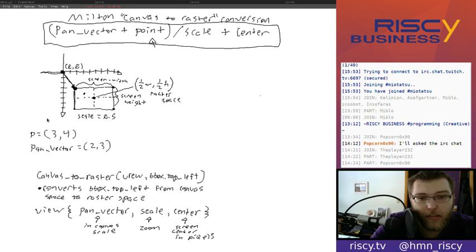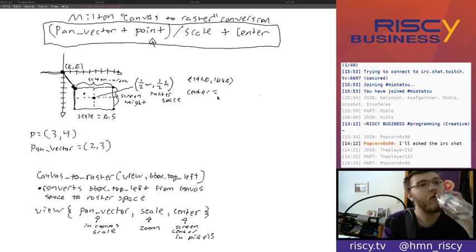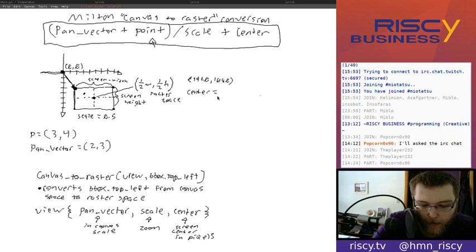Let's just make everything really simple and say we have a 1920 by 1080 display area. So then center equals, excuse me, our center will be half that.